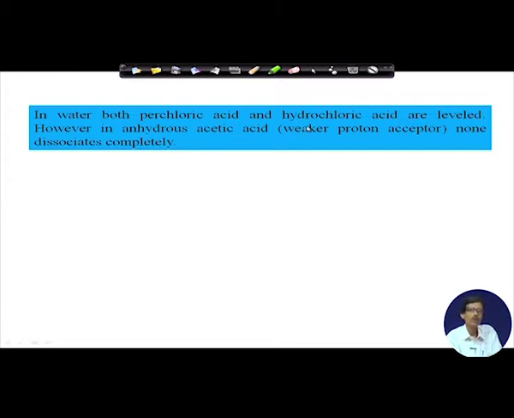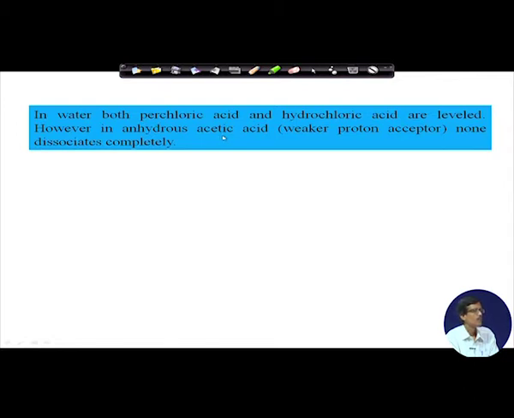Both of them are monoprotic acids, because the formula of hydrochloric acid is HCl and the other is HClO4. In water medium both of them are leveled. That means you have complete dissociation, as water molecules function well to accept protons from both aqueous HCl as well as aqueous perchloric acid.